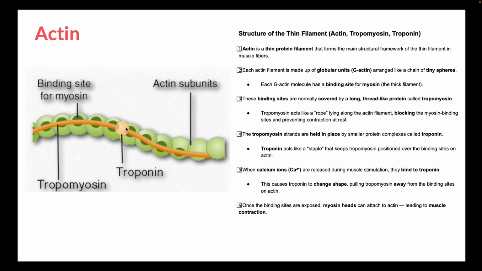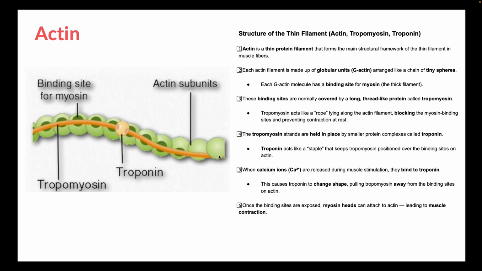And once the calcium binds to this troponin, the troponin will change shape. The moment it changes shape, it's like you having a rubber and subjecting it to heat. You see that the rubber will change shape. The moment it changes shape, it will pull away the long, thin filament, which is the tropomyosin.